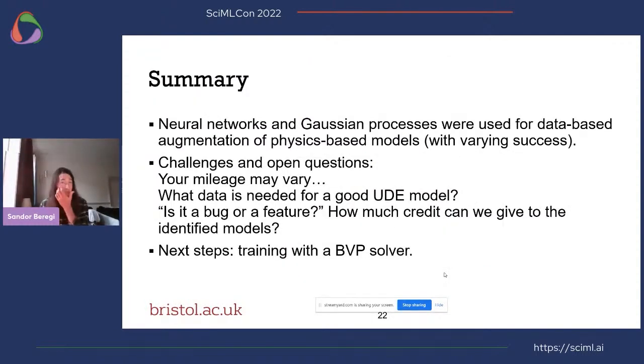So to summarize my presentation, this is very much an exploratory study, mostly to find out the potential of universal differential equation models for nonlinear dynamical systems. One of the main conclusions I could draw from my results is that it very much depends on the complexity of the problem.